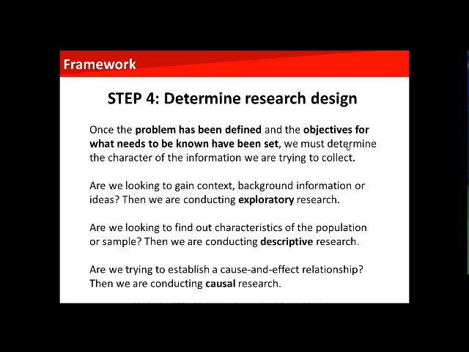The next type of research that we could be looking at is descriptive research, and that's when we're looking to find out the characteristics of a population or a sample. And again, I want to emphasize that I don't think your textbook authors have a very good definition of descriptive research. What we're really looking for with descriptive research is the ability to make statements that describe a population or sample.